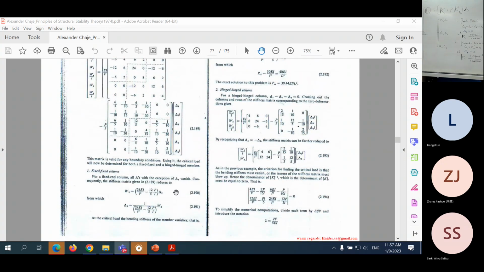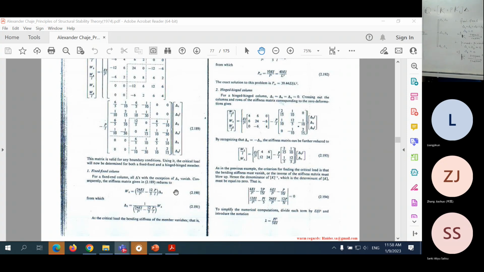Okay. So the fixed one is left with only one equation because all are deleted. So in order to find the P critical, the stiffness must be 0. The determinant of that K is 0, meaning there is no stiffness. Okay. The meaning of these equations, this represents there is no stiffness.